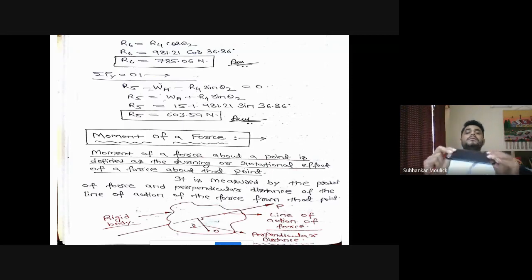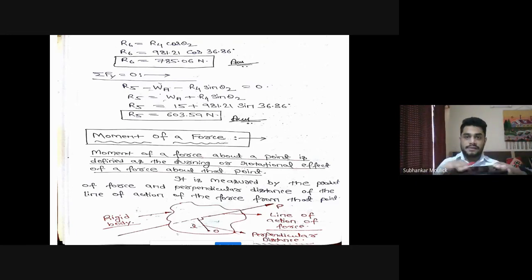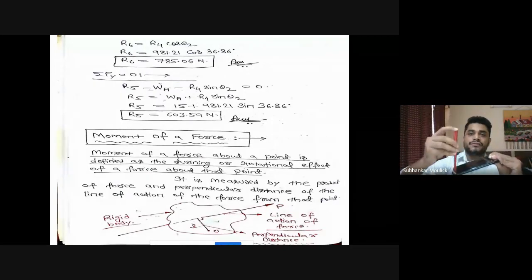How? This is your body, and this is that transverse force. This force into the perpendicular distance from the point of application. This body can rotate like this about this fixed point due to application of this transverse load.